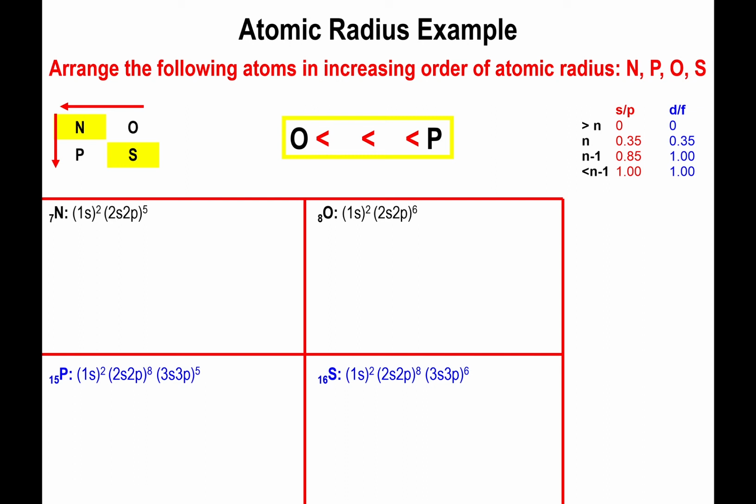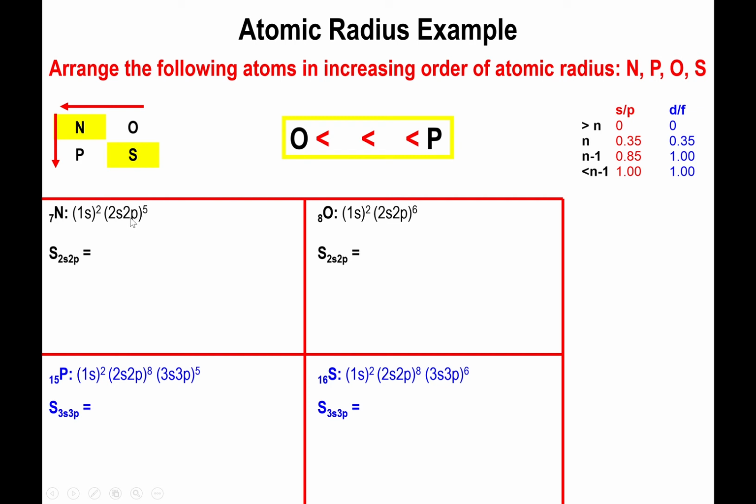Now we're going to calculate the shielding constant for each one of these elements. And you do it once again for the valence electrons, nothing but the valence electrons. So for nitrogen, that's the 2s2p group. Same thing for oxygen. For phosphorus and sulfur, we're talking about the 3s3p group. So for nitrogen, we have 5 electrons in the 2s2p group.